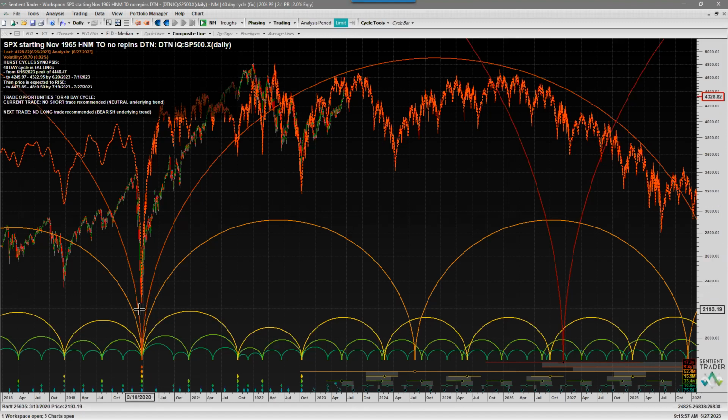So this rocket ship move off of the 2020 low, we'll talk about that in a second, but you'll notice that what the cycle analysis is projecting is it projected the downward movement into the October low of last year. And now it's projecting that we are nearing a peak here, and then we're going to move down into approximately April of next year.